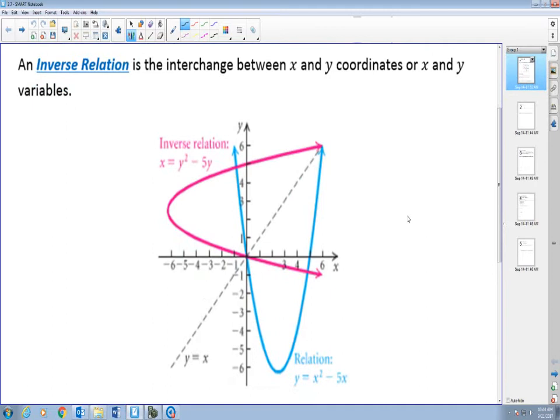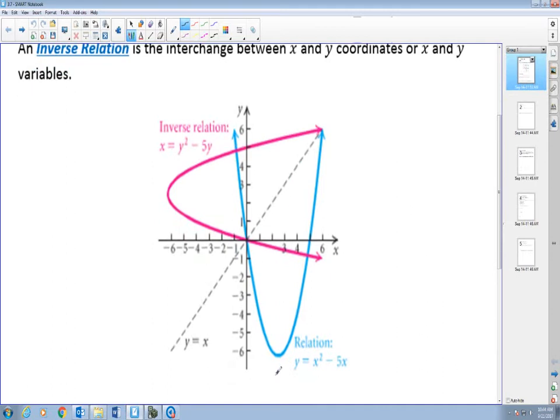So here I got a picture. The blue parabola. Right now I'm not calling it a function, I'm calling it a relation for right now. So this parabola opens upward. The idea of interchanging between the x and y coordinates can be viewed as if I just eyeball this vertex.